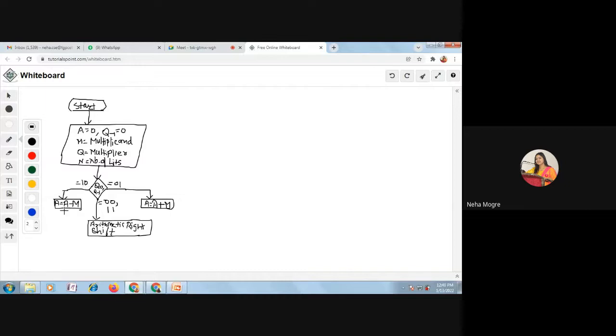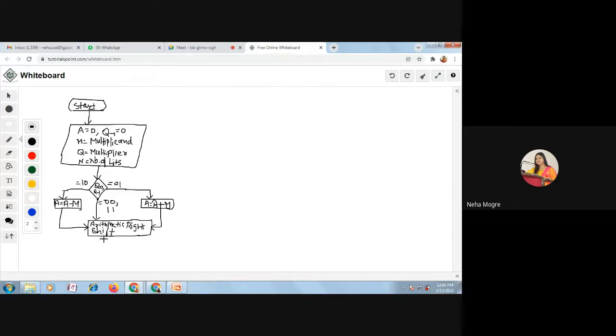Even though it is 1 0, after performing the subtraction A minus M, we are going to perform arithmetic right shift. And when it is 0 1, we are going to add the accumulator with the multiplicand, and again we are going to perform the arithmetic right shift.